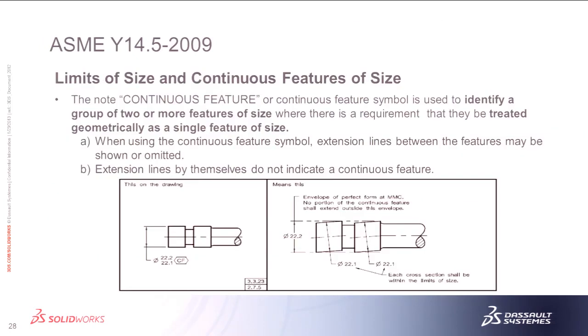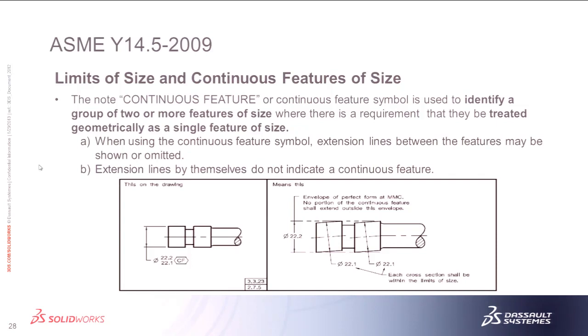All right, so this is about limits of size and continuous features. One of the new symbols was this CF symbol, continuous feature. What that allows you to do is to identify a group of 2 or more features of size and treat them geometrically as a single feature of size.